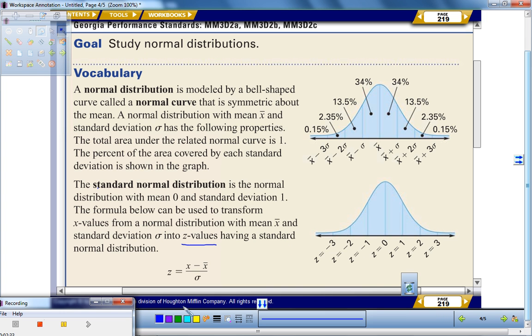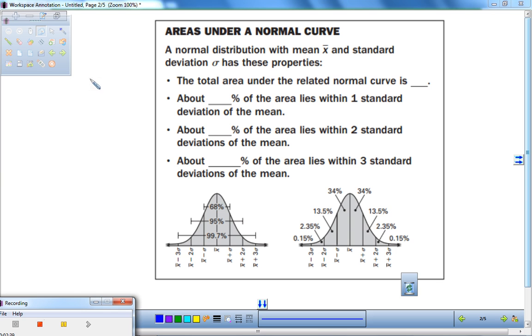Now if we look at the workbook, we're on page 245 of the note-taking guide. We have our bell-shaped curves down here. Remember, the total area under the curve is 1. It asks what percentage of the area lies within 1 standard deviation.